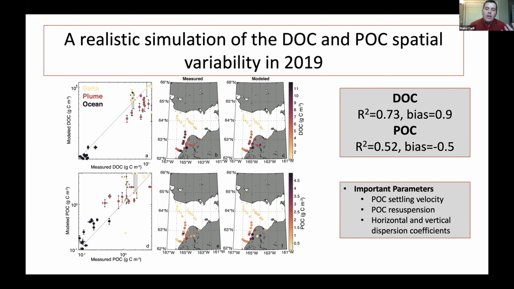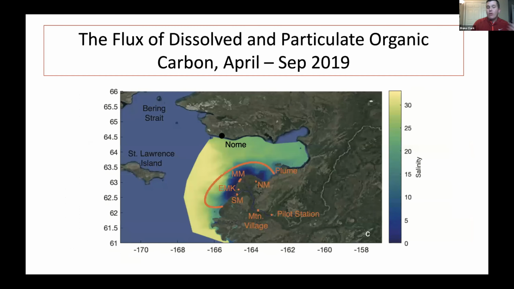Well, we do need more data to more accurately assess whether the model captures the interseasonal variability. But it appears that at least during this spring freshet period we're doing quite well at modeling the bulk DOC and POC concentration.